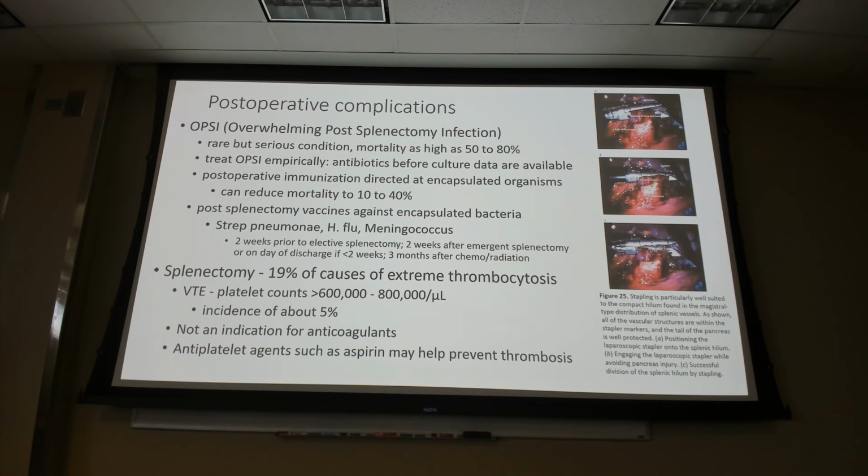And then after the spleen's removed, you're typically going to have a thrombocytosis. It says 19% will have extreme. Most of them will have some sort of elevation of their platelets, but these are the cases where you see the extreme ones, which I've seen in the millions, many times after you treat these patients. What we worry about is some sort of venous thromboembolism, so they could have a higher risk of DVT or PE.